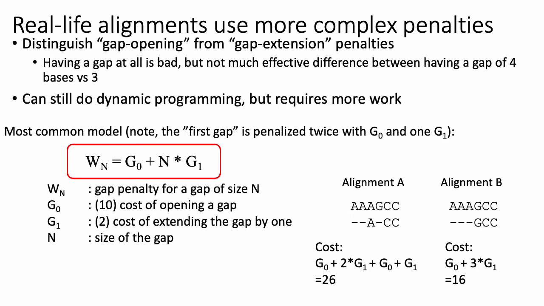So if the gap is only 2 bases, then I'll penalize it 2 times the cost of G1, which is the cost of extending a gap by 1 gap character. And so the total cost that is assigned to a given gap in an alignment is basically just this G0 penalty plus G1 times however many gap characters are introduced in that particular gap. Generally speaking, this G0, or cost of opening a gap, is typically much higher than, for example, G1, to reflect the fact that having a gap is bad, but extending it is not typically as bad as opening one.